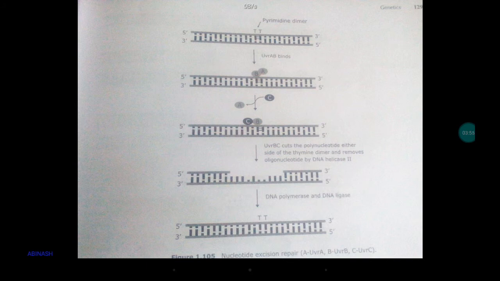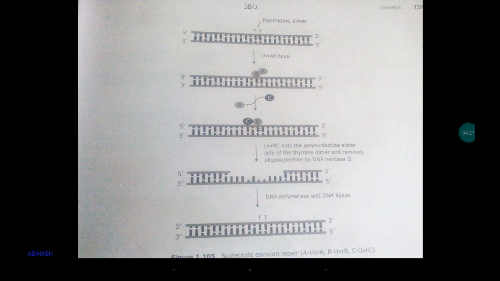For example, take nucleotide excision repair of a pyrimidine dimer. For this we need the enzymes UVRA, UVRB, and UVRC. This is a combination of ABC exonuclease, which acts in association with some other proteins.